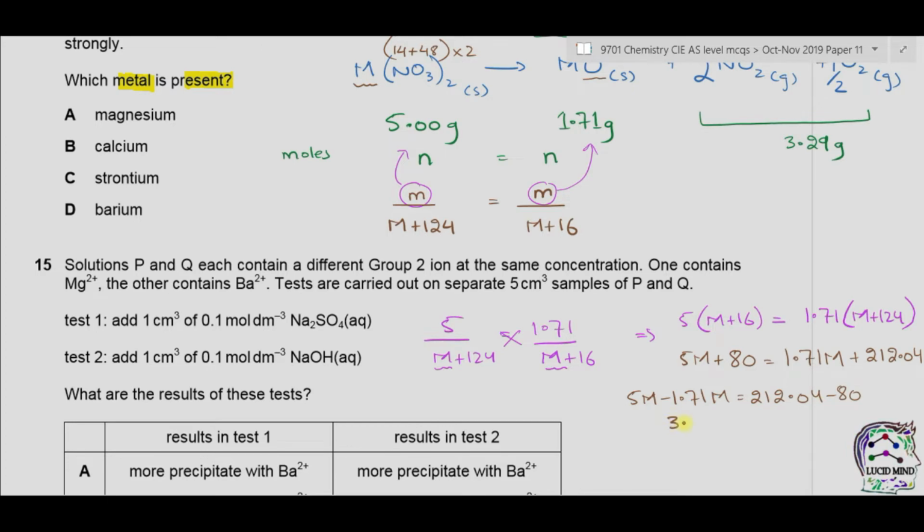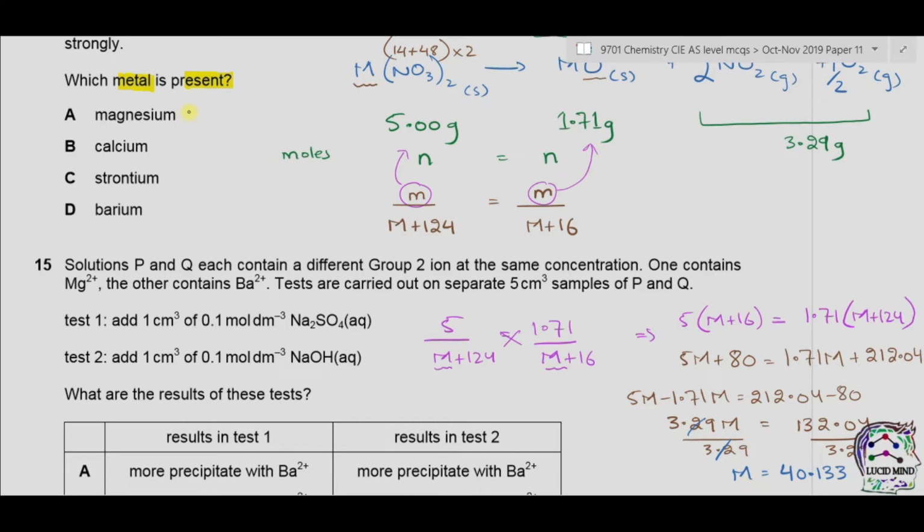So it becomes 3.29M equals 132.04. Dividing both sides by 3.29, this will cancel out, so M equals 40.133.